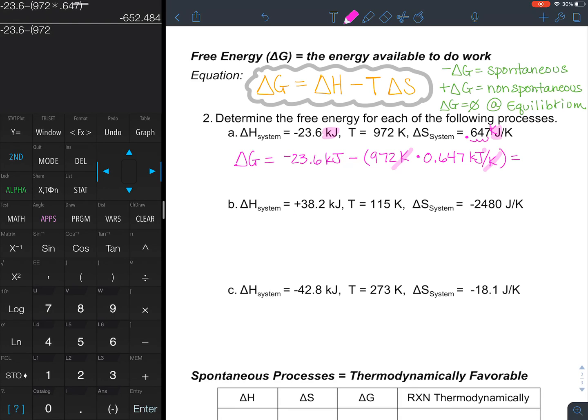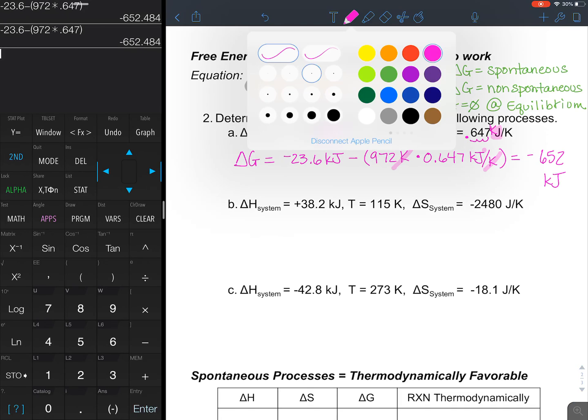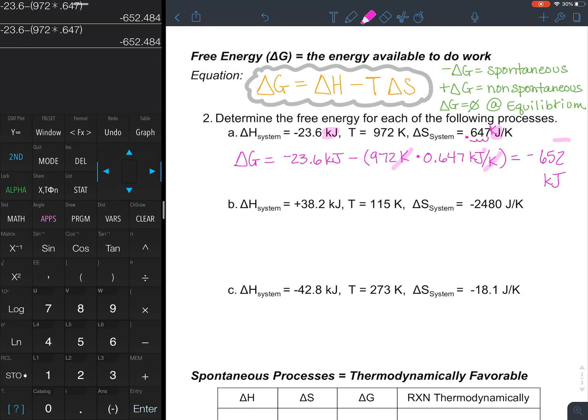I transposed them on a key that I had for myself to double check. There we go. So with sig figs, we can round that. This number originally didn't have any place values right at the decimal, so I'm going to round that to negative 652 kilojoules.